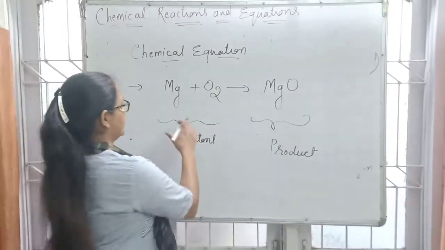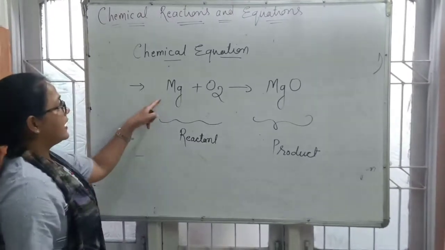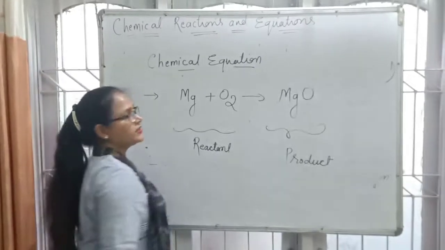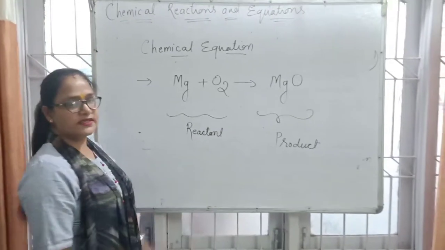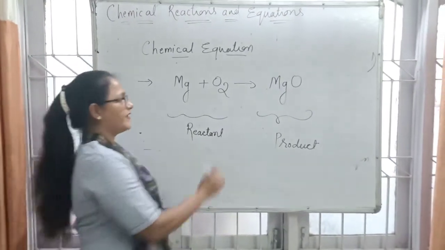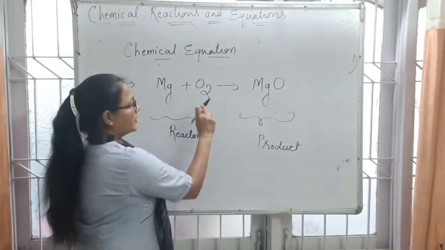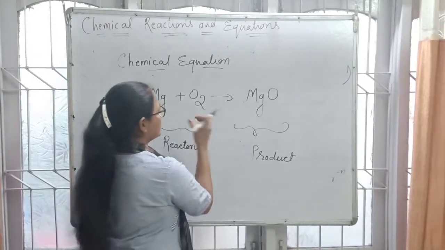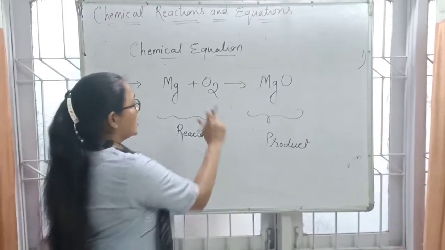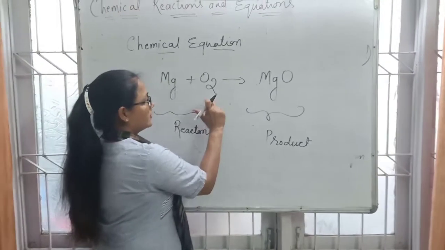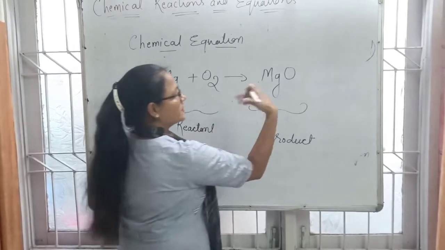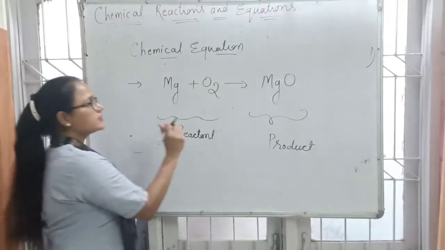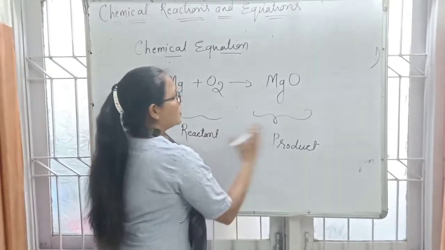Taking magnesium, it is 1 here and also 1 here, so magnesium is equal on both sides. But for oxygen, O2 is a molecule. At the reactant side its number is 2, but at the product side it is only 1. So oxygen is not equal on both sides.